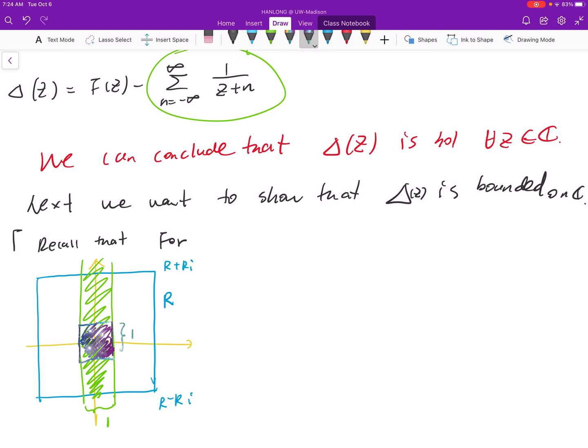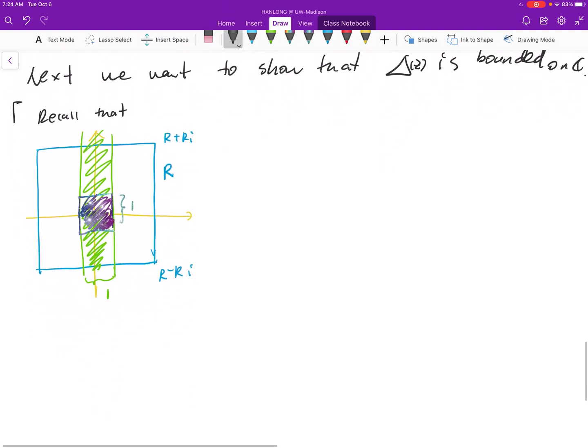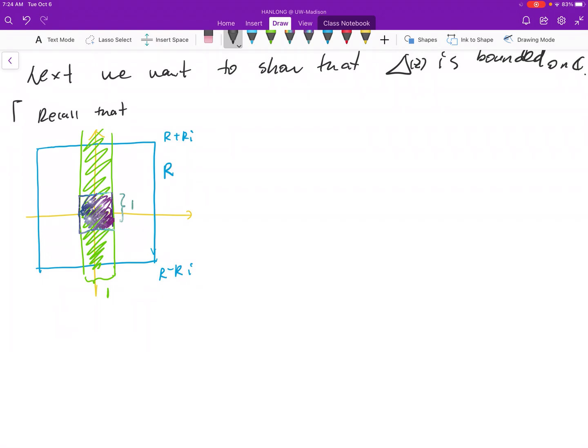I will not repeat the proof explicitly here. It's in the previous lecture when we talked about how to compute the summation of P(n) divided by Q(n) using the residue theorem.